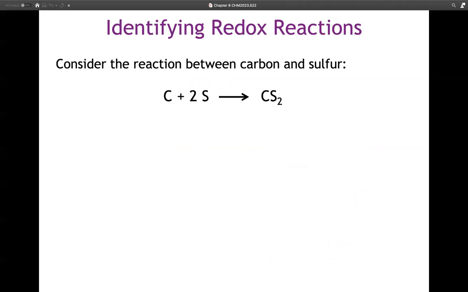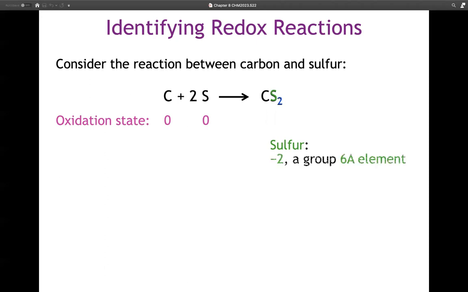Now let's consider the reaction between carbon and sulfur. What's being oxidized and what's being reduced? Can you assign the oxidation states? Well, carbon and sulfur in this case are both the pure elements, so their oxidation state is 0. In the product, we have 2 sulfurs per 1 carbon.